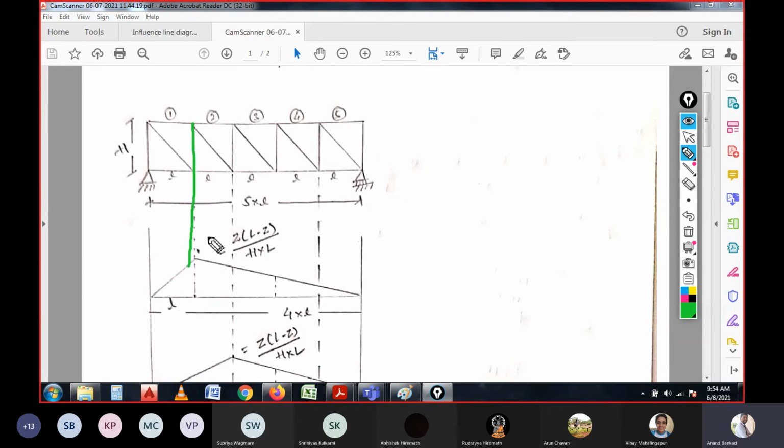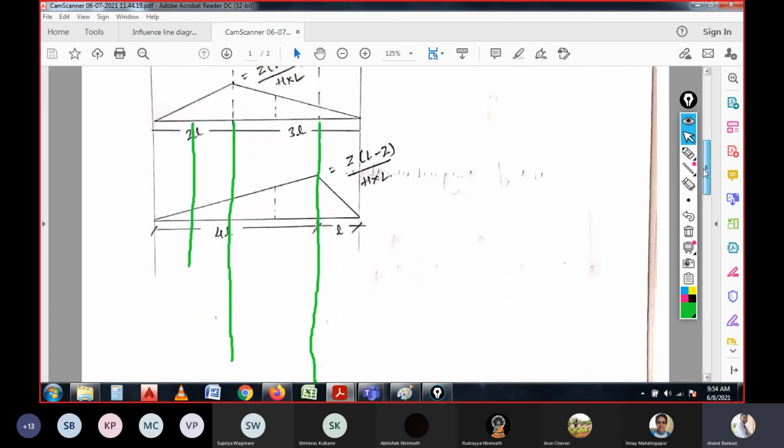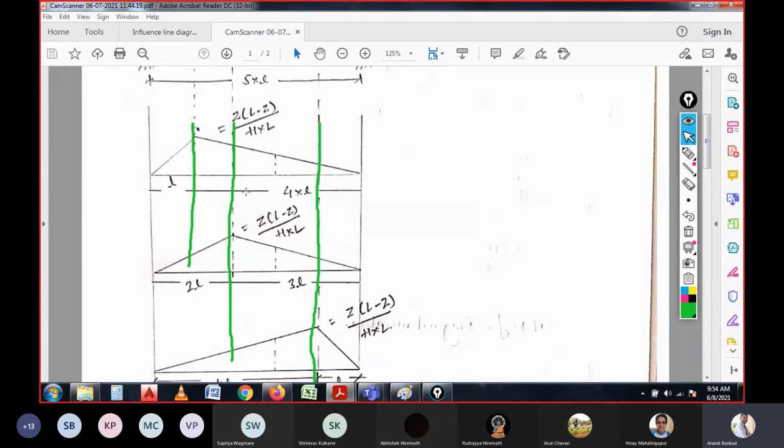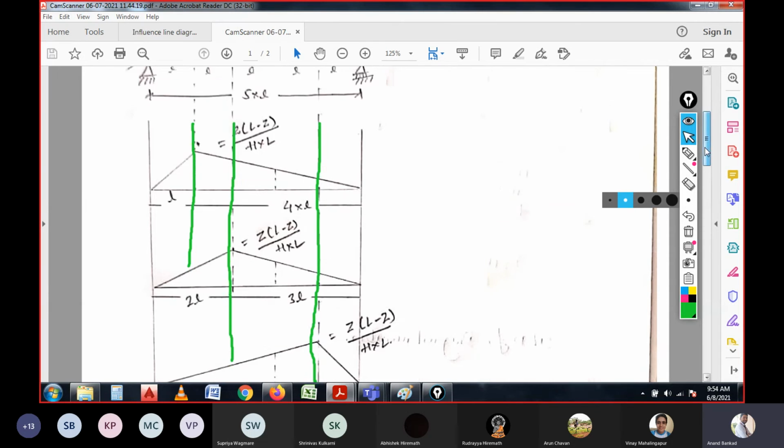So it is the section we are calculating, and now for this section we are calculating this one, and for this section we are calculating this one, like this, right? So the point at which you are going to calculate the exact values, that point will be having the apex, right?